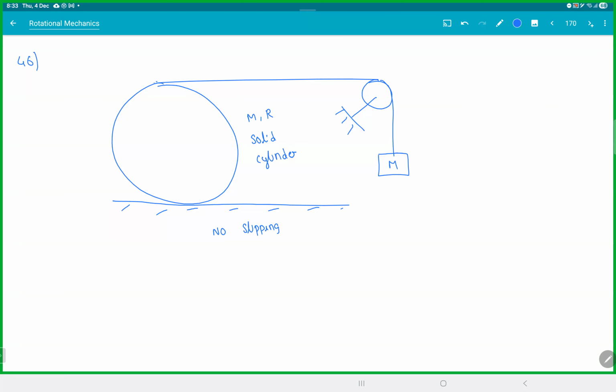So we have a string here which is wrapped around it. Find the acceleration of the block.